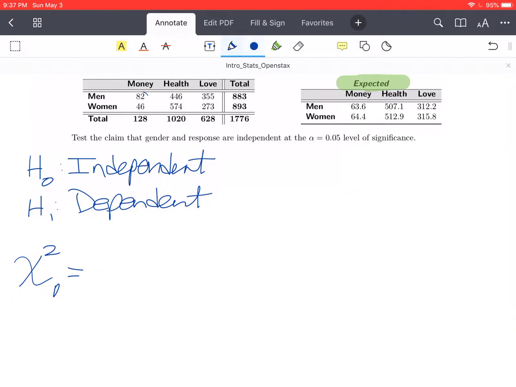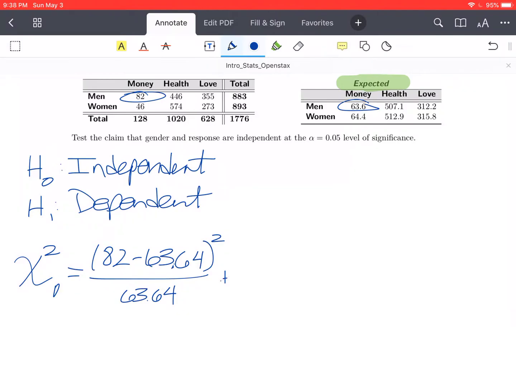So first cell, that's this one. There's our corresponding expected value over here. So we have observed minus expected, and I'm going to use the numbers we found. I rounded one extra decimal place, so it makes it even more accurate, over expected.